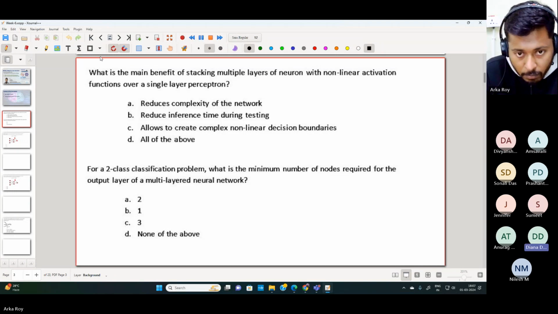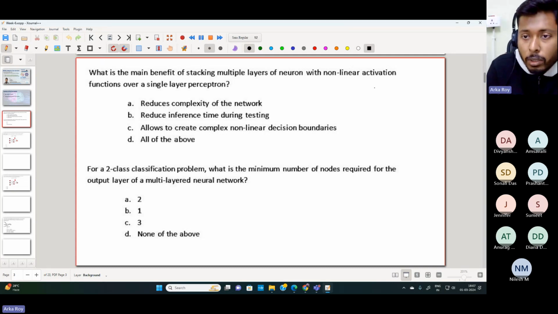Sir, that is not correct because if multiple layers are there, hidden layers will be in between, and the complexity will increase during the propagation. Yes, actually during both back propagation and forward propagation as well.